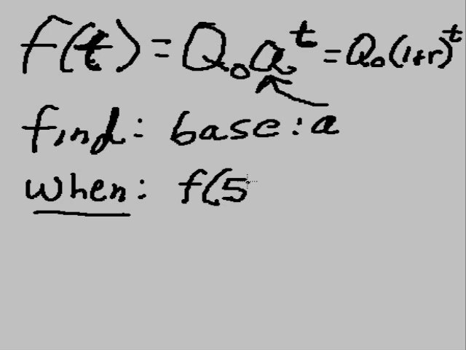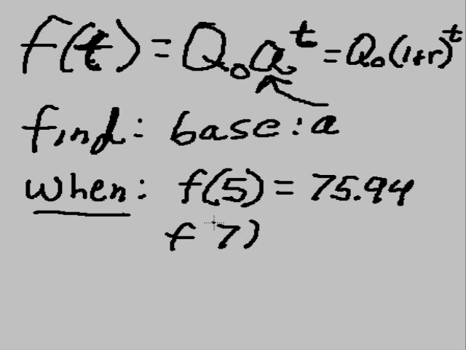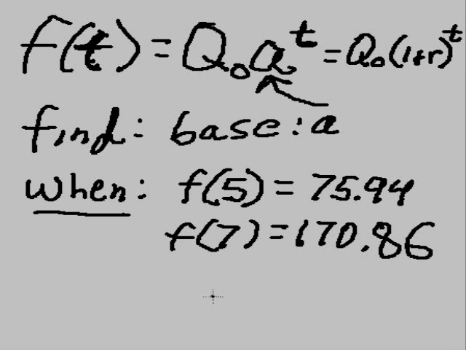Well, examples are a condition in this case. f of 5 is equal to 75.94, and then they say f of 7 is equal to 170.86. Given this information, somehow I should be able to figure out this guy over here. How am I going to do that?